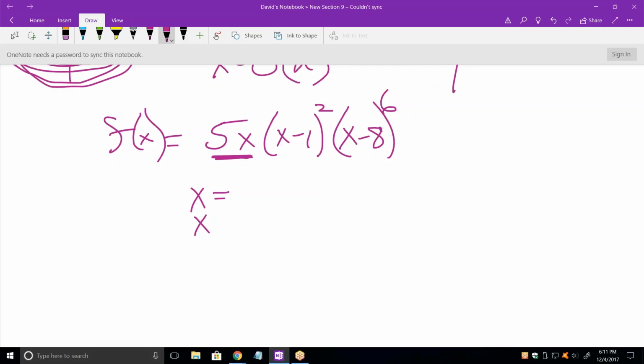If you are multiplying numbers together and one of them is 0, the answer is 0. So x equals 0 is one. What's the multiplicity on that? To the second? No, there's only one of them.